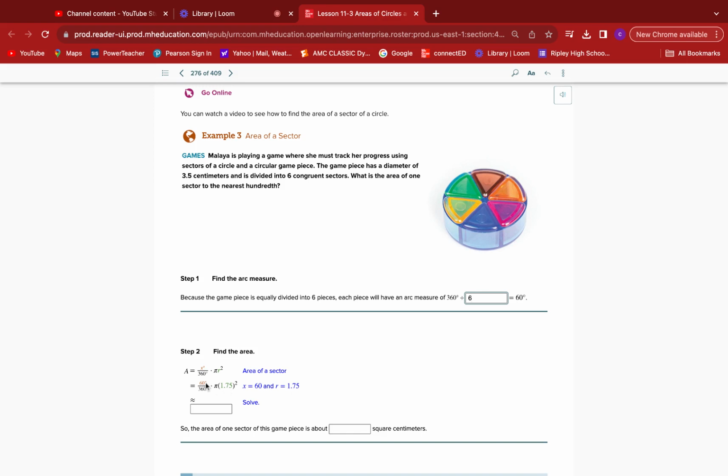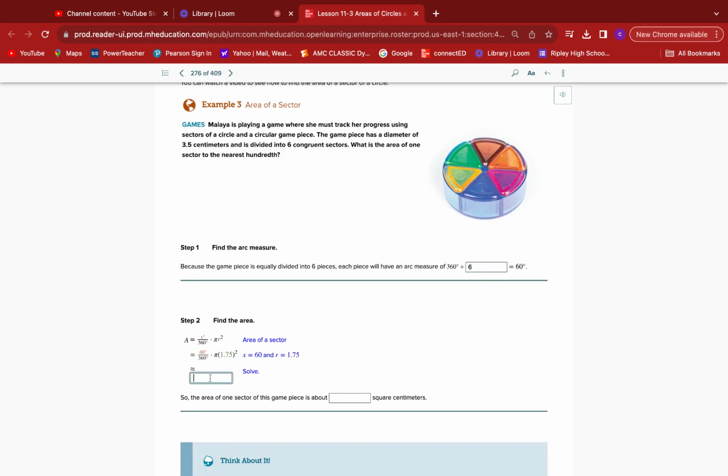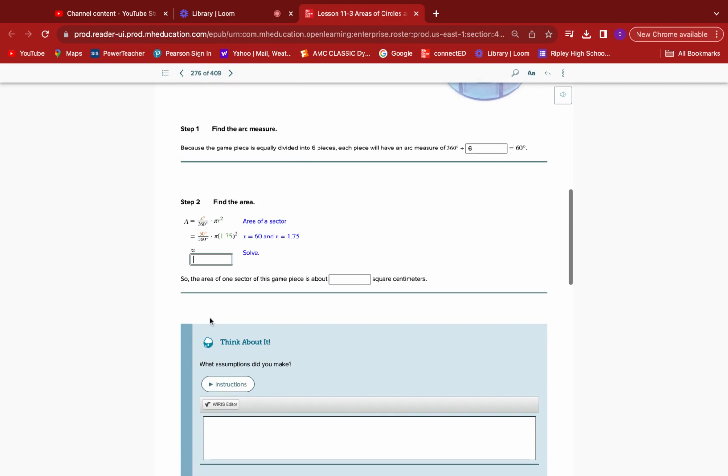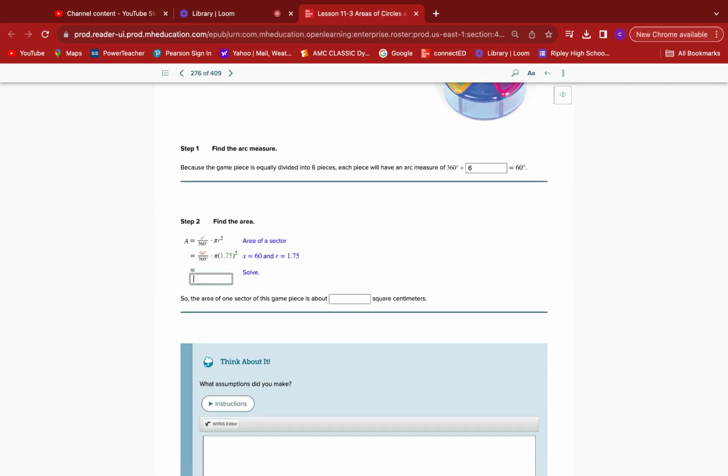All right, so now we got 60 over 360 times pi times 1.75, which is your radius, to the second power. Grab your calculator. We're going to do all of this at once. So 60 divided by 360 times, now, do they want me to keep it in terms of pi? Nope. So I'm going to multiply times the pi button on my calculator times 1.75 squared.